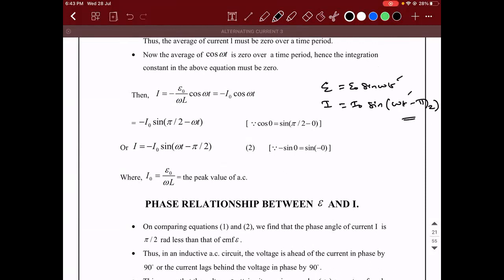If you observe, what can you say is the relation between current and EMF? What is the relation between I and E?